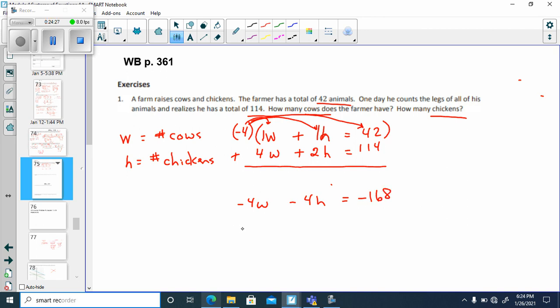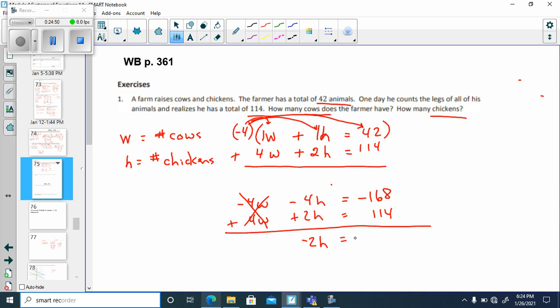And let's bring the rest of this equation down here. Plus 4w plus 2h is equal to 114. Negative 4w plus 4w gives you 0w. You have eliminated this variable. Negative 4h plus 2h gives you negative 2h.